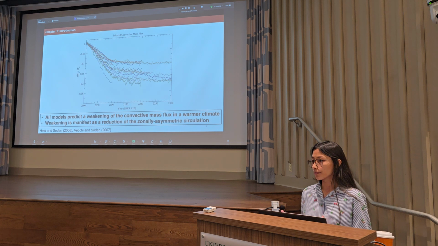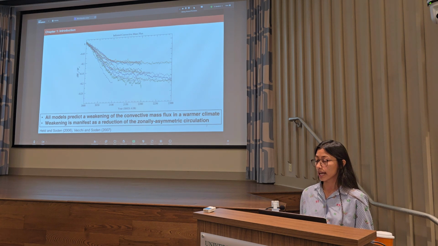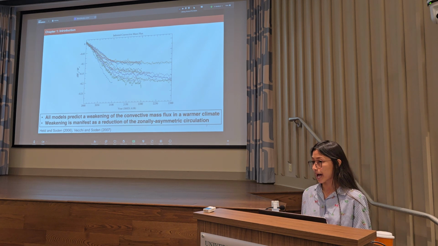This differential rate of increase between precipitation and near-surface specific humidity requires a weakening of the convective mass flux, which is a robust feature across all the models for the A1B forcing scenario throughout the 21st century, represented in this plot by colored lines for individual models.